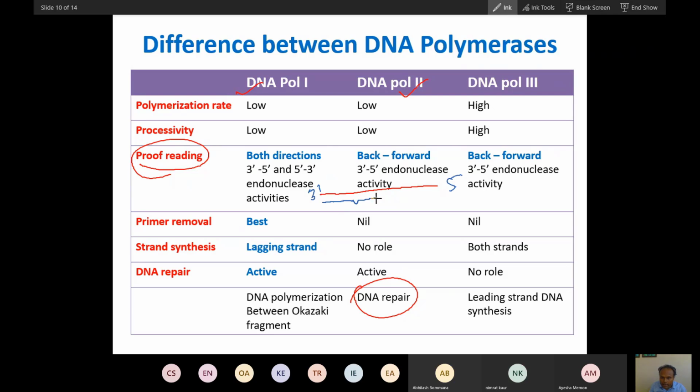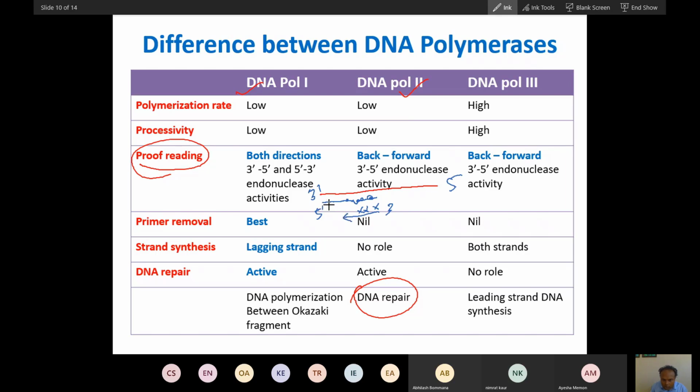Now, when DNA polymerizes, DNA polymerase cannot move very fast. This sluggishness of DNA polymerase will cause it to shift back. It comes here and removes these bases. You can see this is 5' to 3', so it removes these bases from 3' to 5'.